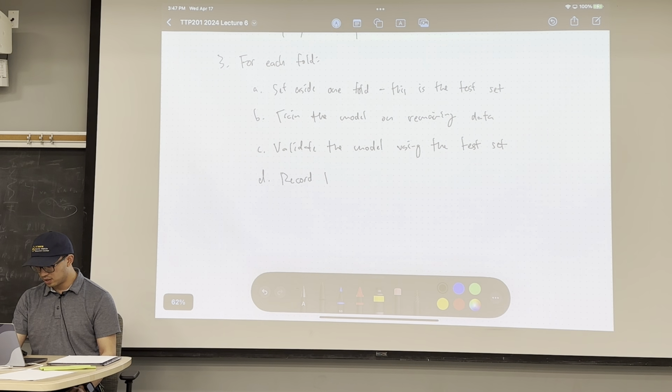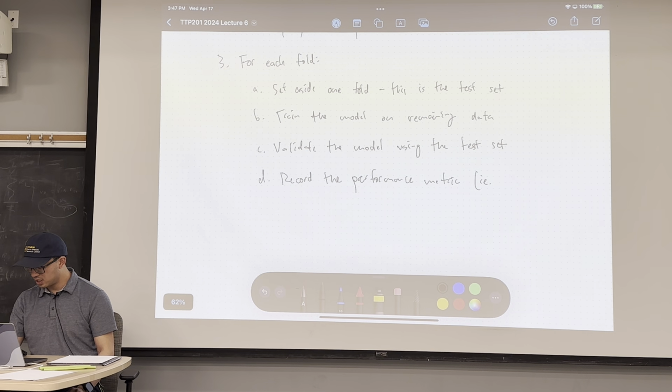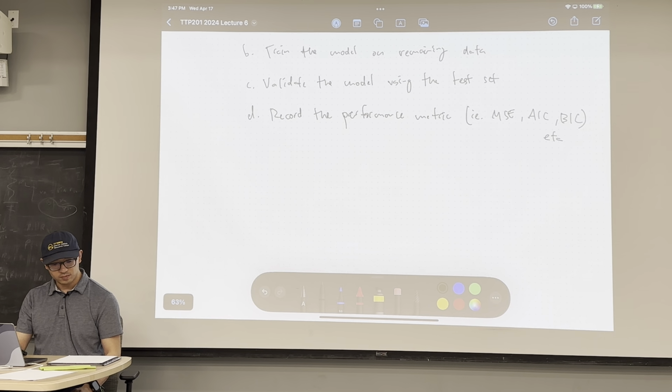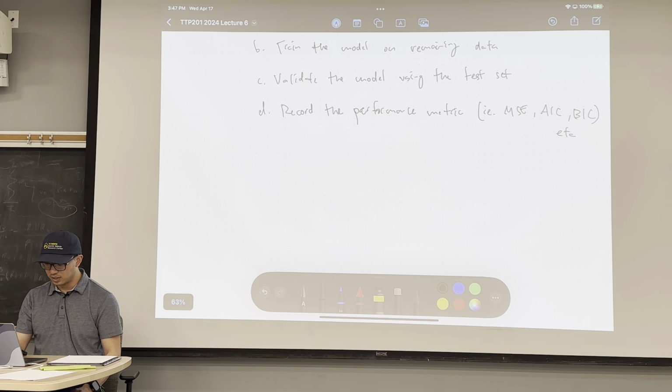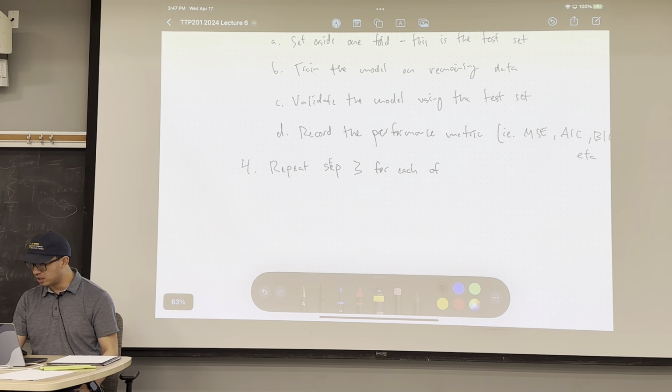Record the performance metric. So this could be MSE, AIC, PIC, which you'll cover next week, etc. And then 4, repeat step 3 for each of the K folds.